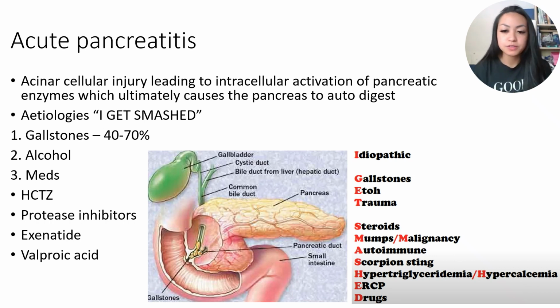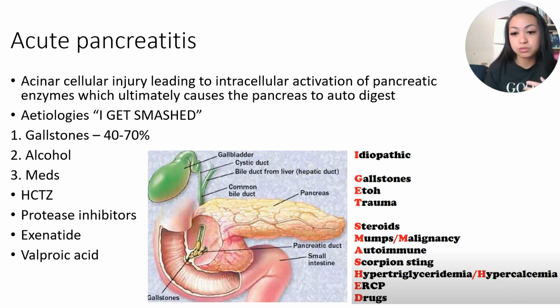So in terms of the mechanism of acute pancreatitis, we have acinar cells in the pancreas. Acinar cells are responsible for the exocrine function of the pancreas. Remember that the pancreas has two functions, exocrine and endocrine. Endocrine function is releasing insulin and glucagon into the bloodstream to regulate our blood sugars.